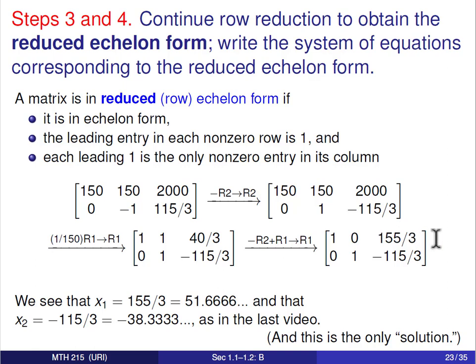At this point, the matrix is in reduced echelon form because our leading entries have zeros underneath and to the left of them. We also have the leading entries equaling 1. And what's new for us here is that above the 1s, you should also have zeros, and that's what we see in that first row, second column.